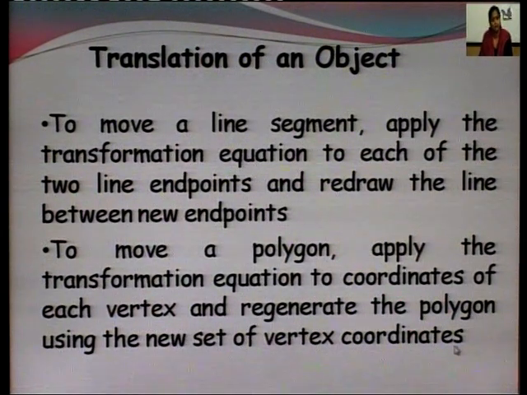Similarly, a circle can be repositioned by applying the translation to the center of the circle. Similarly, an ellipse and other complex shapes can be translated by applying the transformation to the set of coordinates which describe the shape of the object, and then redrawing the object with the new set of points.